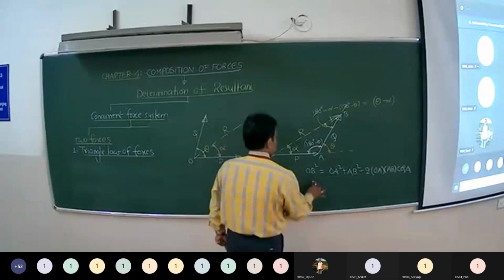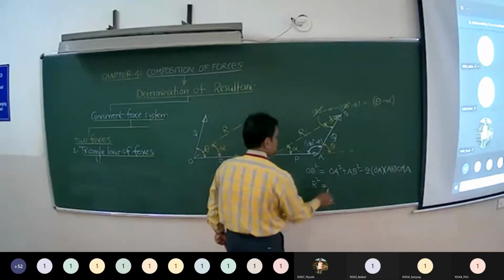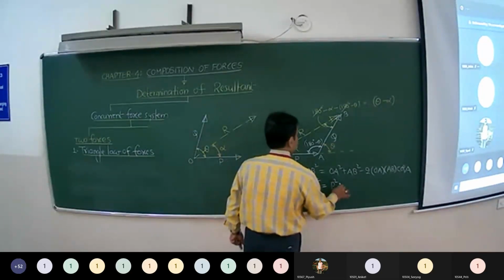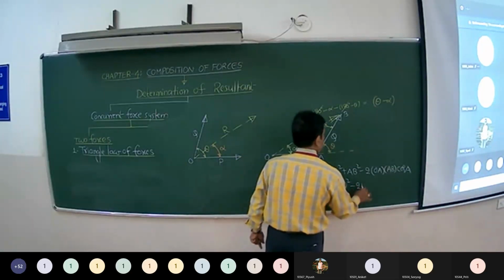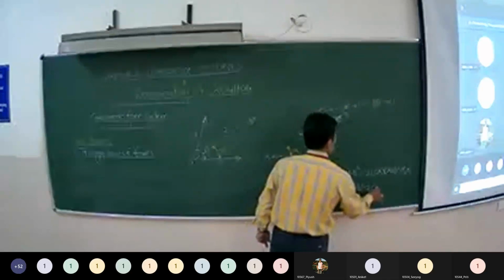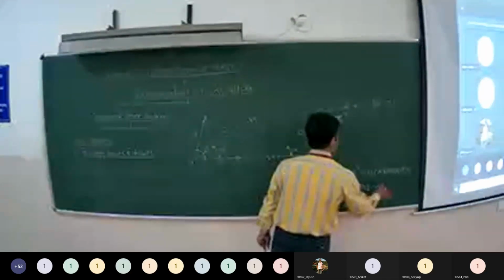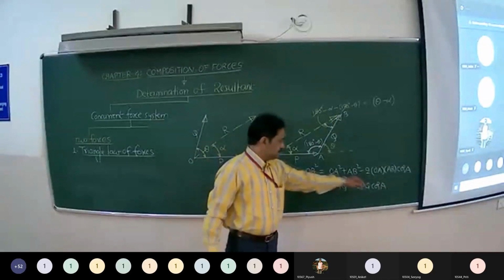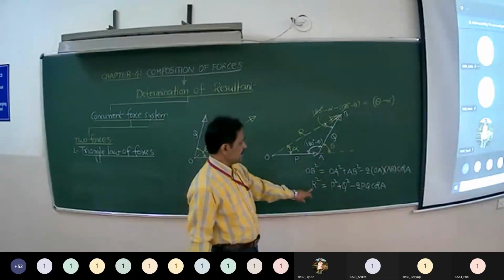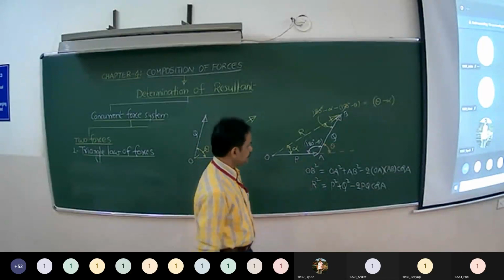So this is nothing but R square equals P square plus Q square minus 2PQ cos(180 minus theta). Knowing P, Q and this angle, you can find out the magnitude of the resultant.